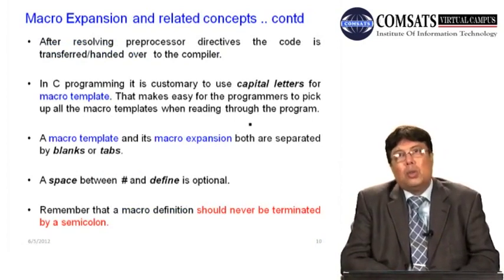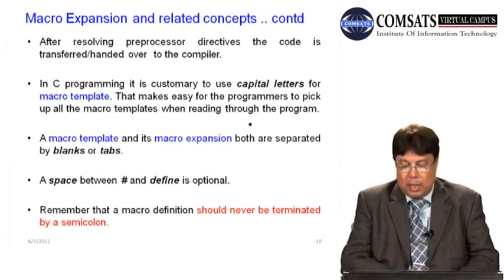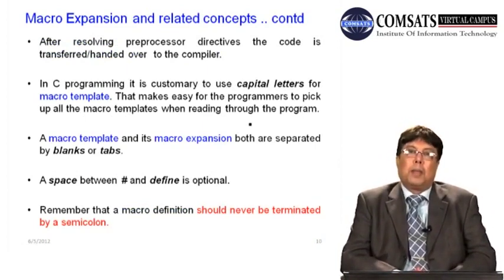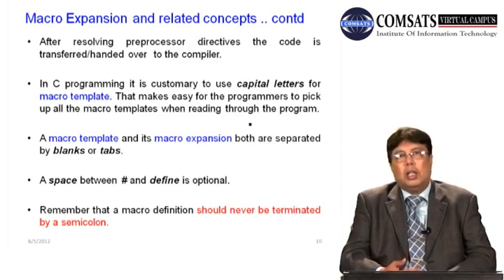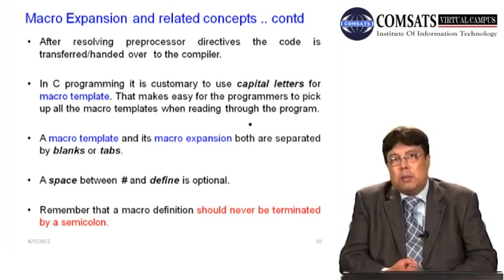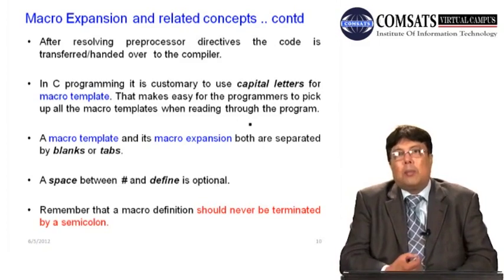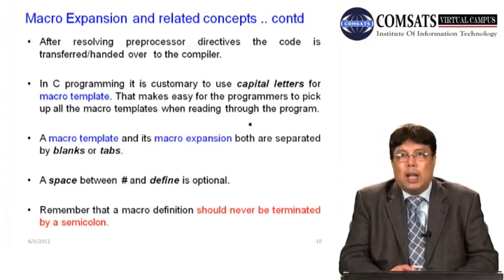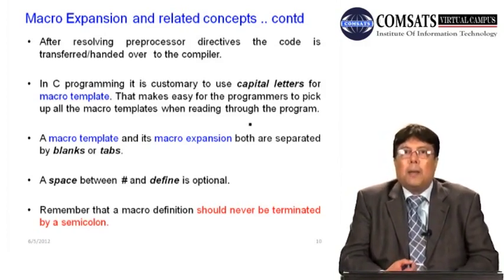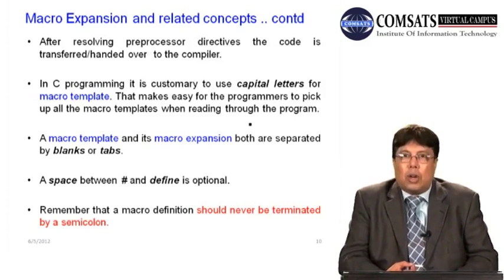Important point that you should always remember is that there should not be any semicolon. Semicolon हम कहाँ use करते हैं? We use the semicolon to terminate the statement. एक valid C statement is terminated with a semicolon. This is not a C statement. Okay, ये जो आप directives हैं, these are not the statements of the C language. हम कहते हैं कि the directives are instructions to the compiler.